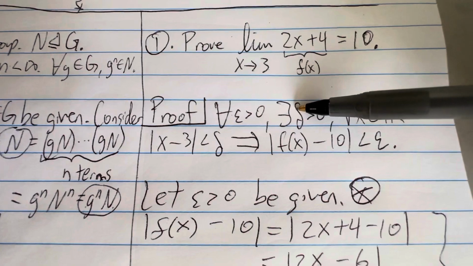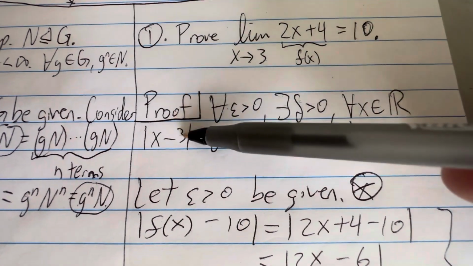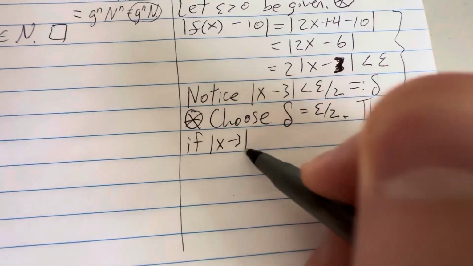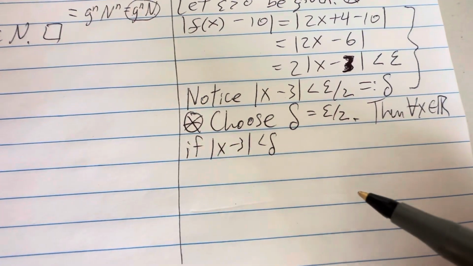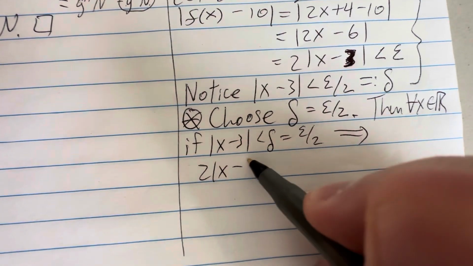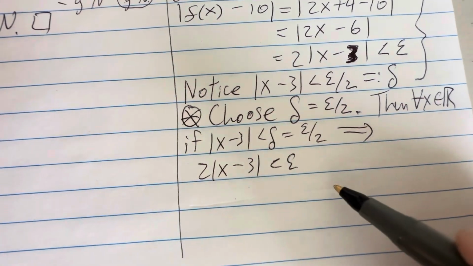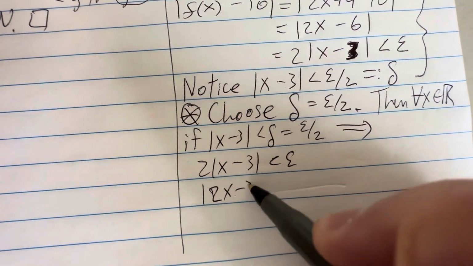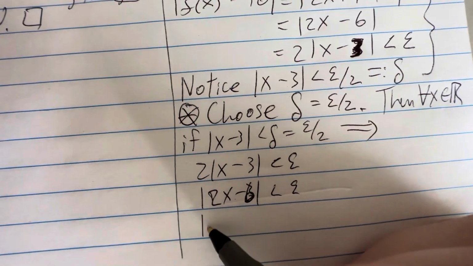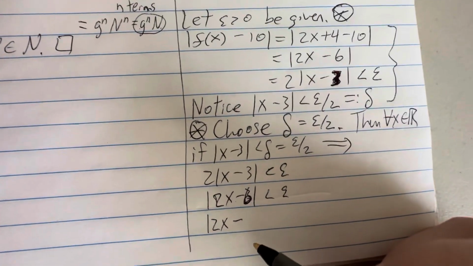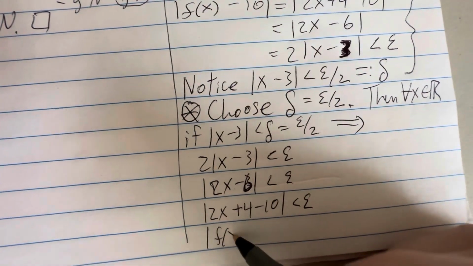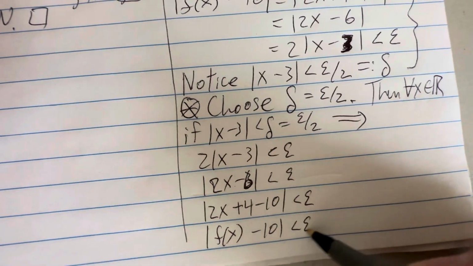I've chosen my delta, and now I need to say this: if absolute value of x minus 3 is less than delta, which is equal to epsilon over 2, then that means that 2 times absolute value of x minus 3 is less than epsilon, but that's the same as absolute value of 2x minus 6 is less than epsilon. But negative 6 can be rewritten as plus 4 minus 10, less than epsilon. And that's the same as absolute value of f of x minus 10 less than epsilon.